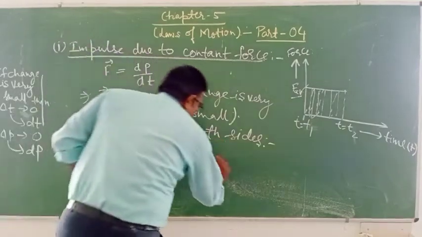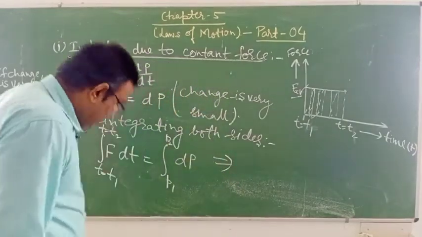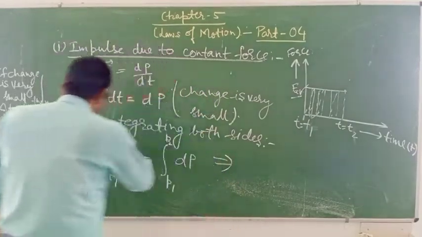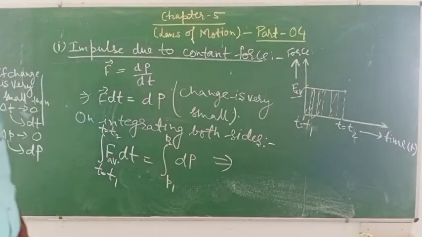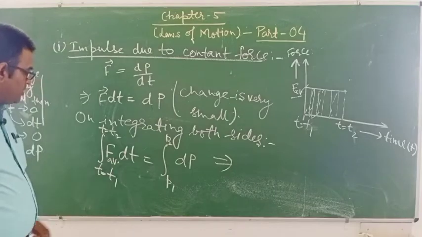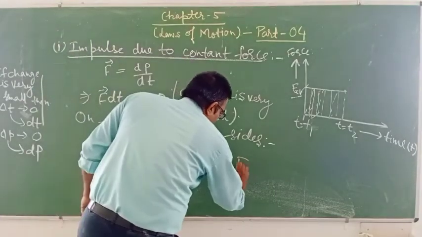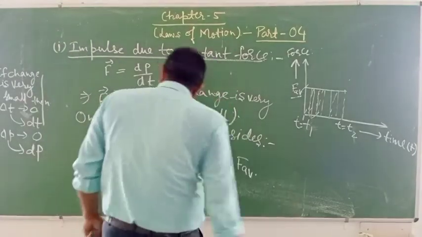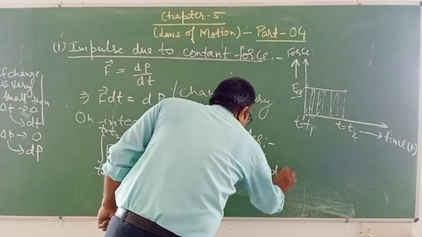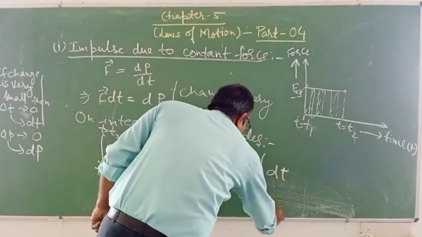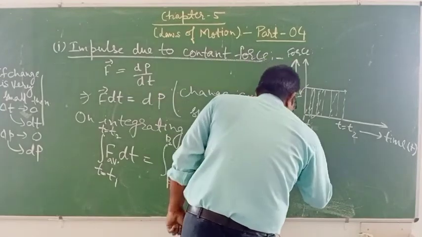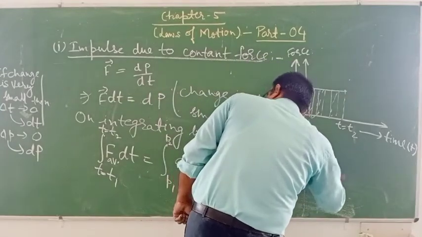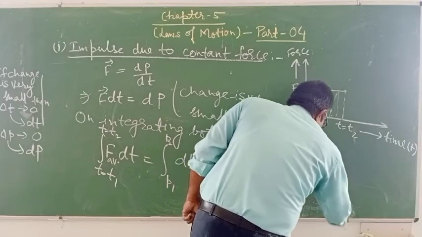So on integrating this, suppose this is the average force, and this average force is of constant nature, so it can be taken out. Integral of F average dt from t1 to t2 is equal to the integral of dp, that is p2 minus p1.